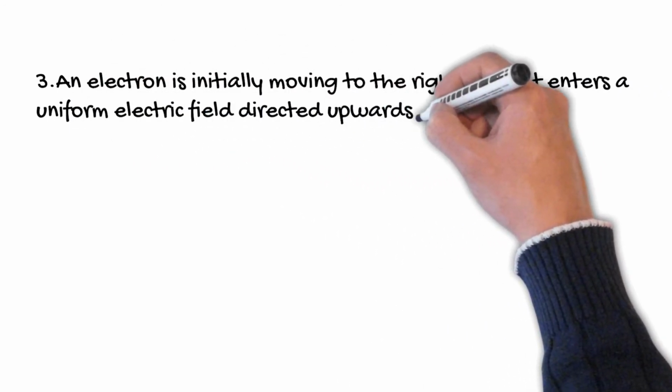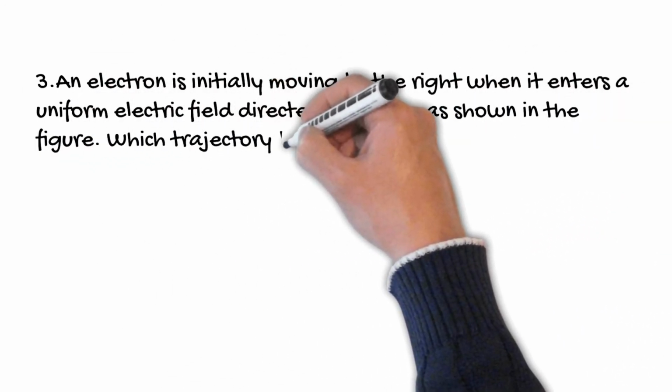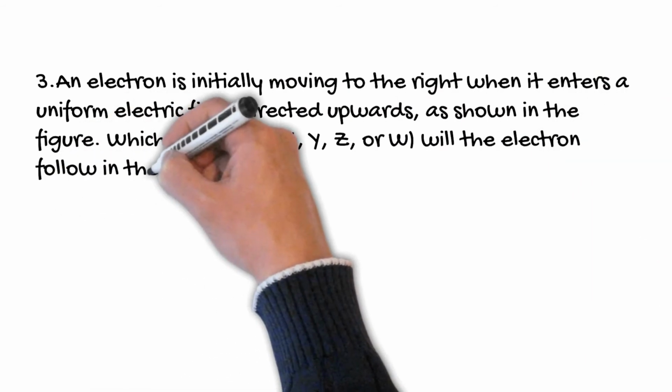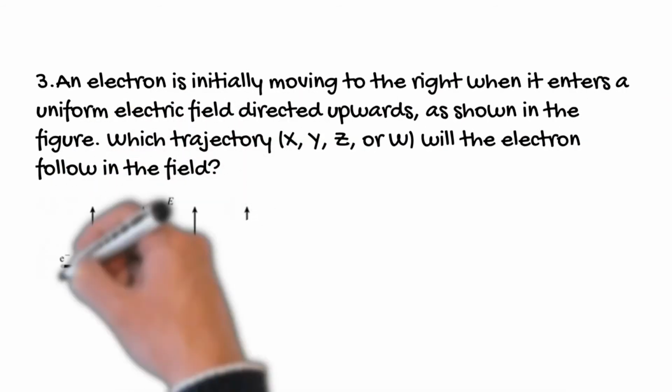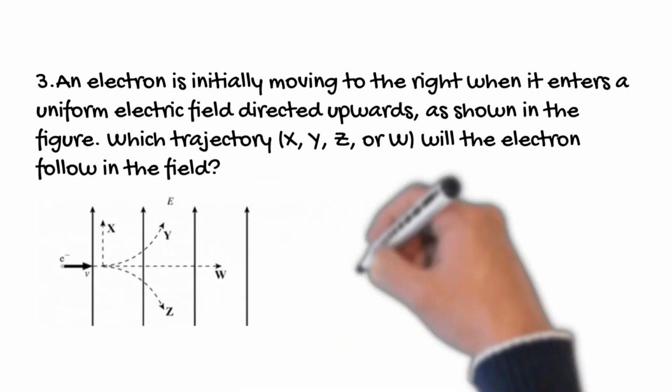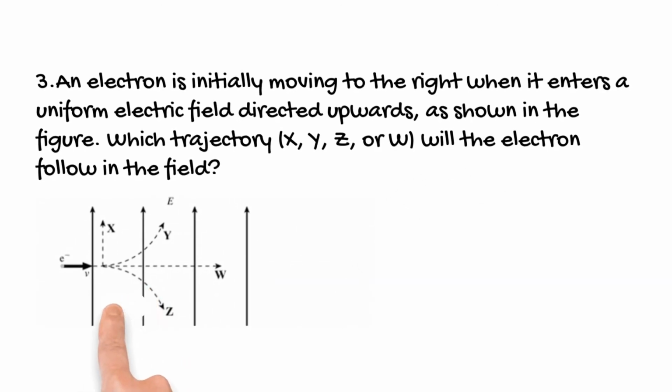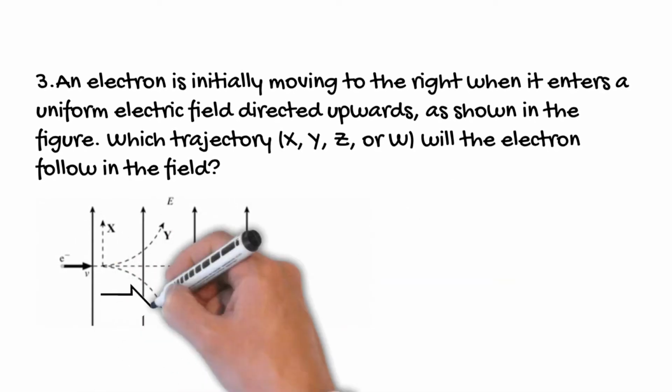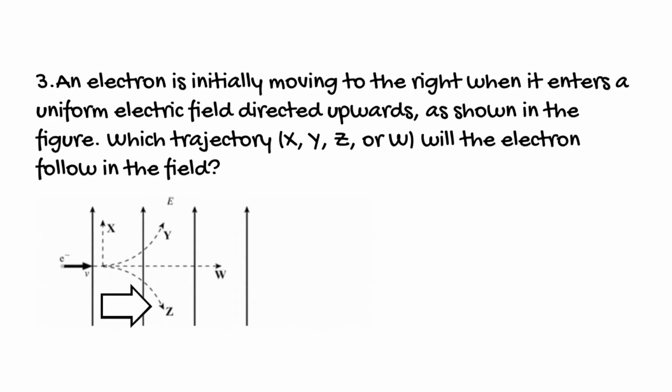Well, the direction of the force on an electron, because it's negative, is always opposite to the direction of the field. Therefore, the answer is Z, opposite to the direction of the field, because it's a negative charge. If it's a positive charge, it would be along the direction of the field. Then it would have been along Y.